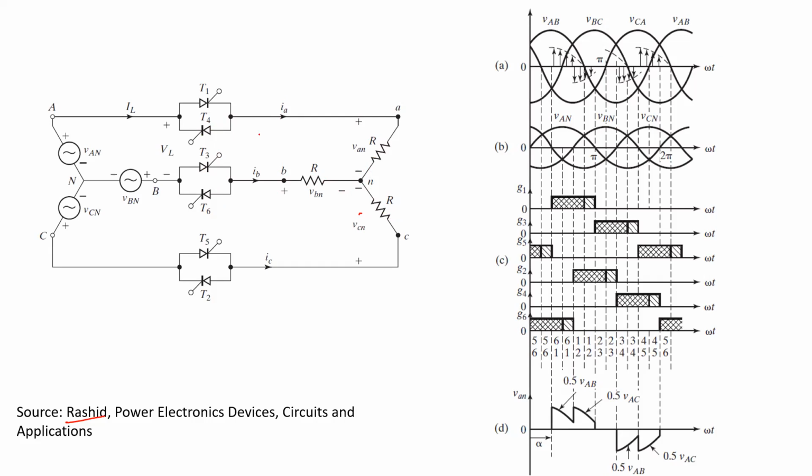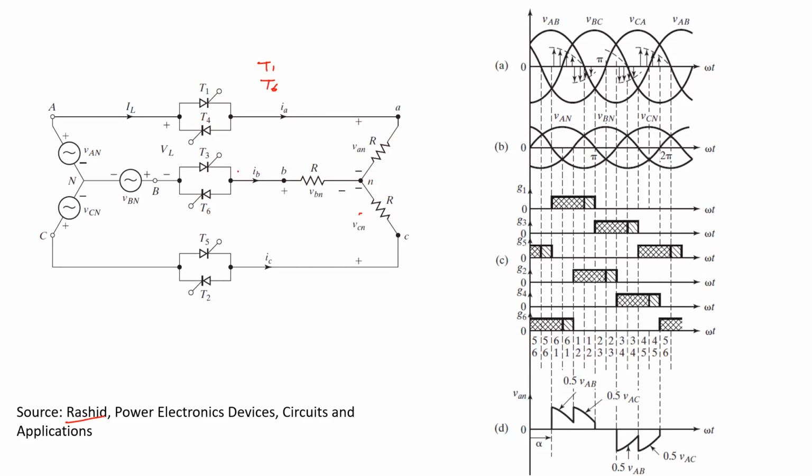So our triggering will be something like this. Let's say you fire T1 first. To energize these two phases, A and B, the AN and BN, you need to turn on T6. So this is the first sequence.